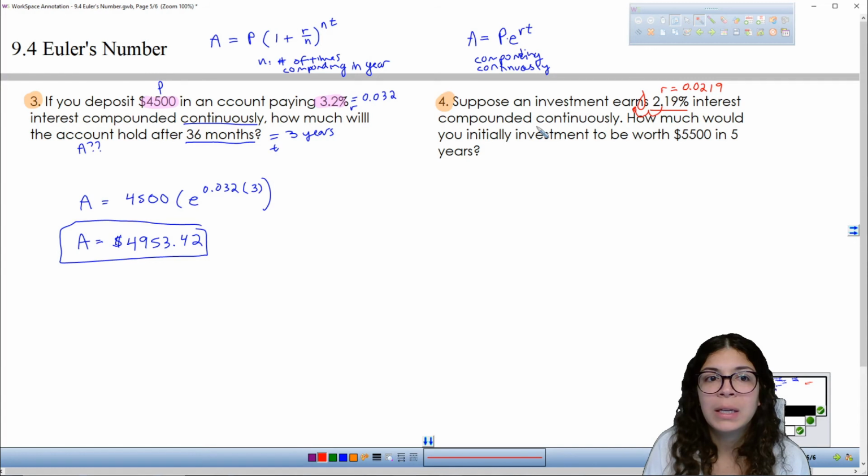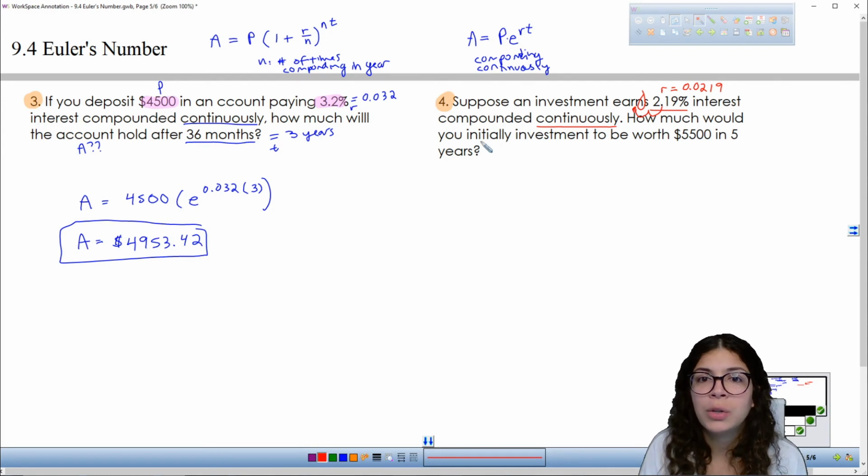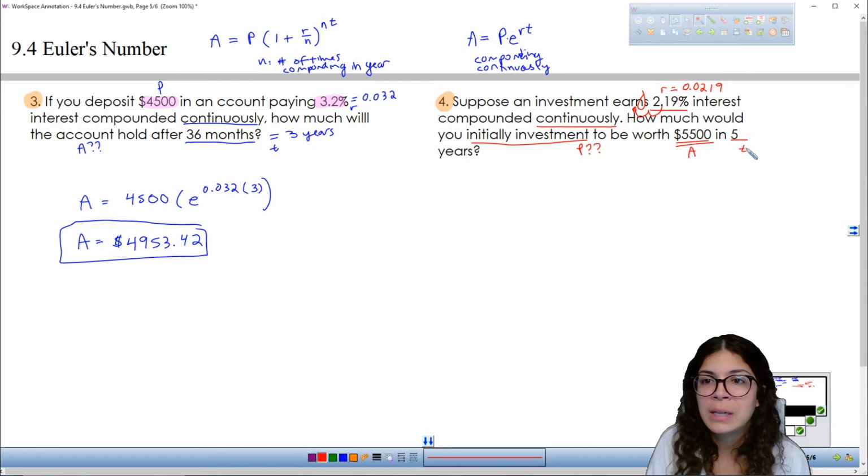And it's compounding continuously, so I know I'm going to use my PERT formula. How much would you initially have to invest? So what is P to be worth, to have a final amount of $5,500 in T, 5 years? So I'm looking for my final amount to be $5,500. What I need to solve for is the initial amount.